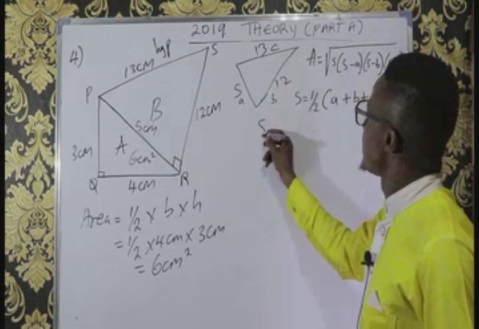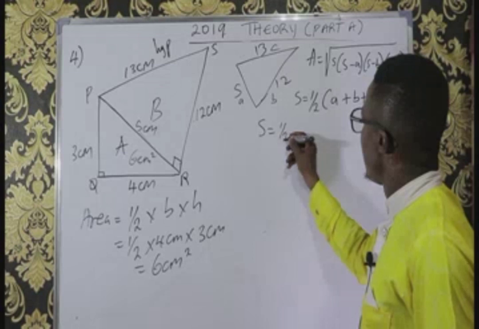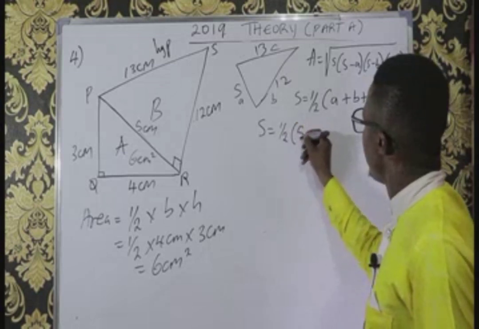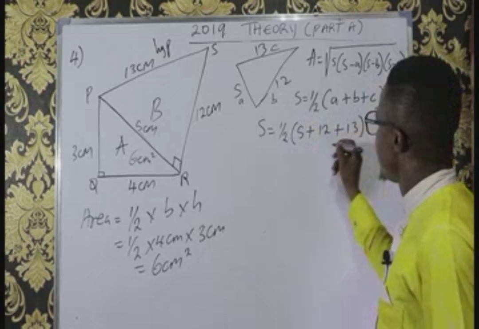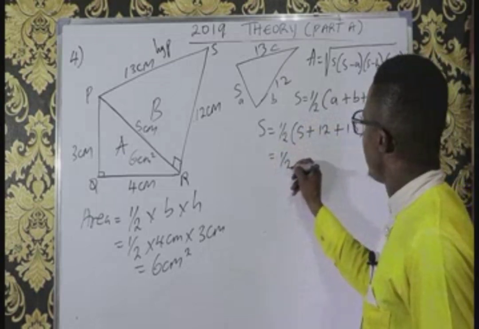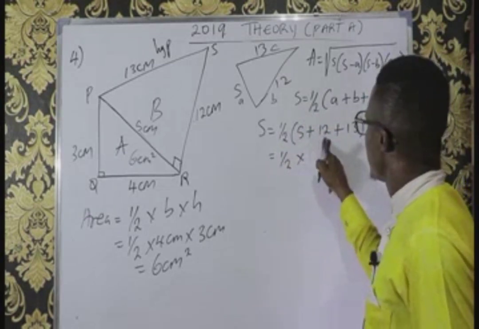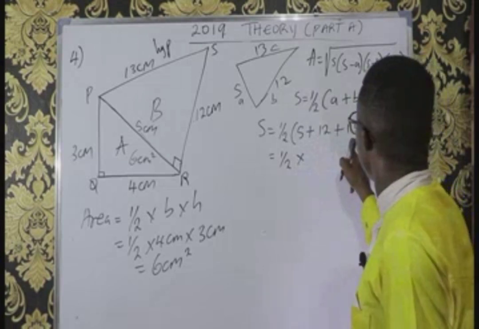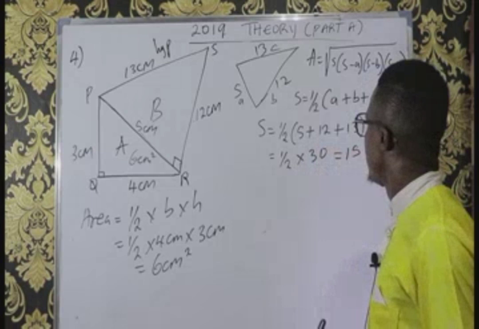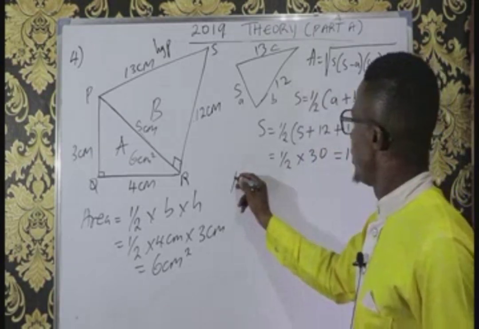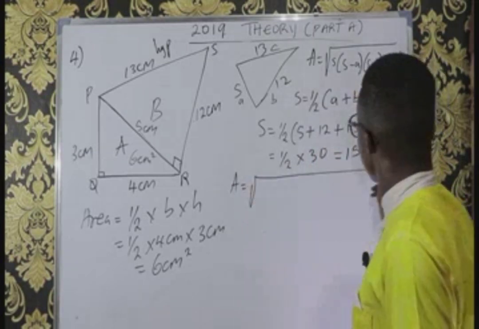So to get my s now, s will be half into a, which is 5, b, which is 12, c, which is 13. This will now be half times 5 plus 12 is 17, and 17 plus 13 is 30. Half of 30 is 15. So my s is 15. So area becomes the square root.